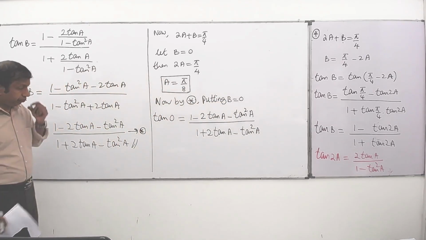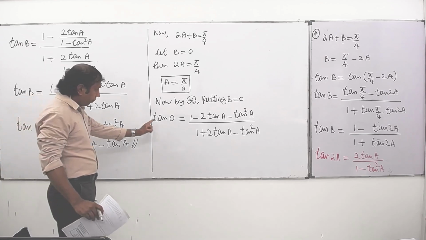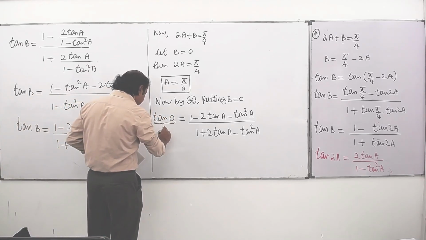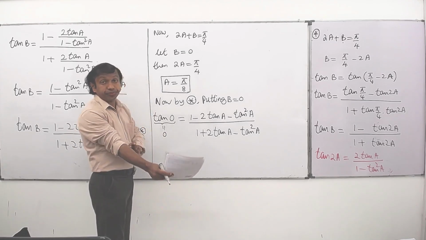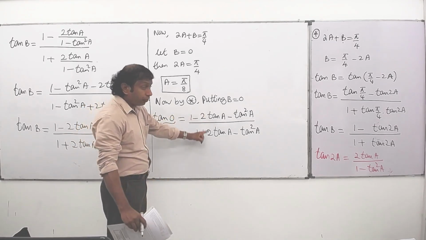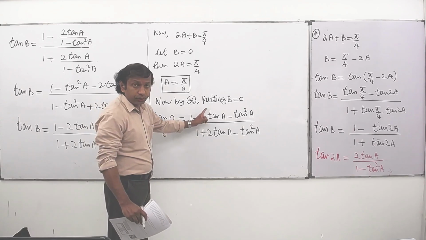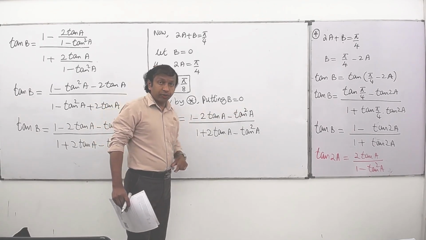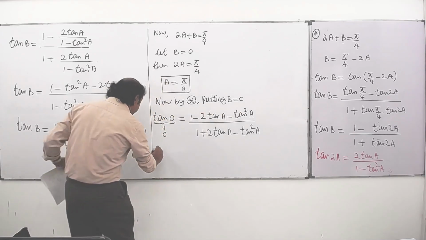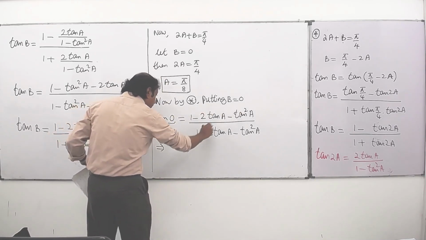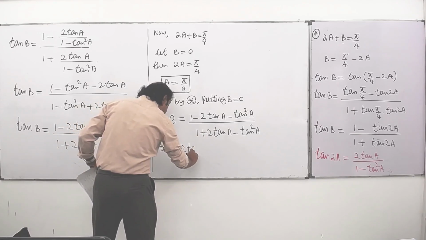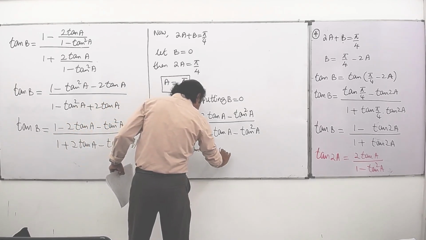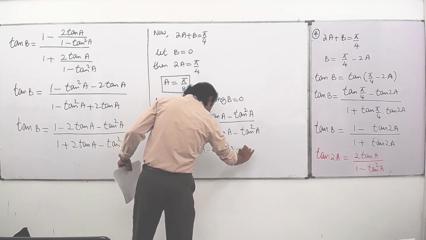Okay. Now, you know tan 0 is 0. Right? Then this fraction is equal to 0. For this fraction to be 0, the numerator must be 0. Right? Now, this implies 1 minus 2 tan A minus tan squared A equals 0.